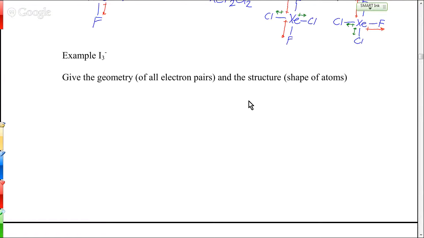Got some geometry for this one yet? So you got a Lewis structure like this.